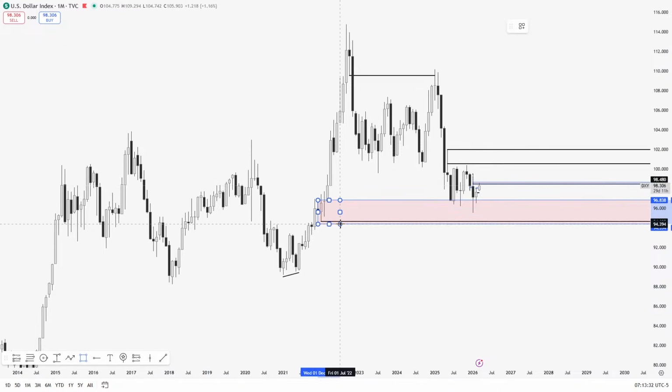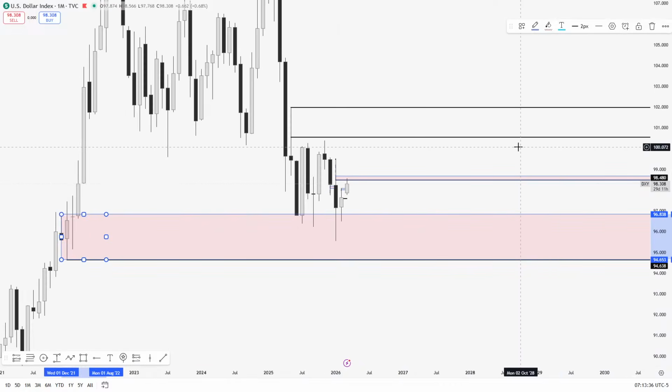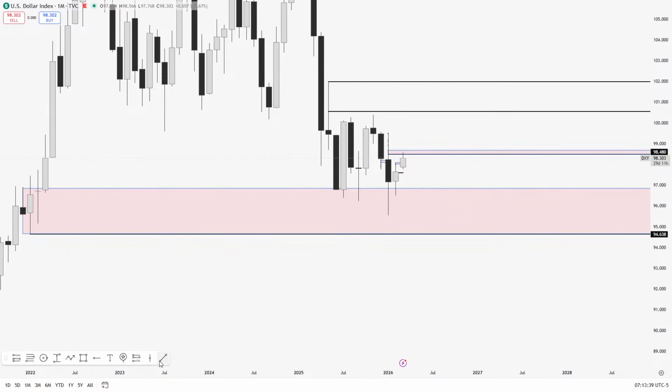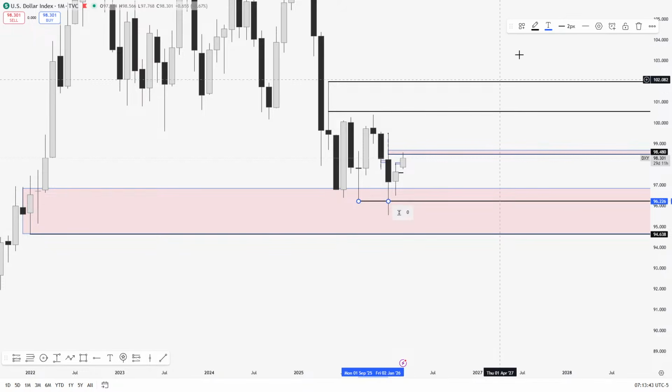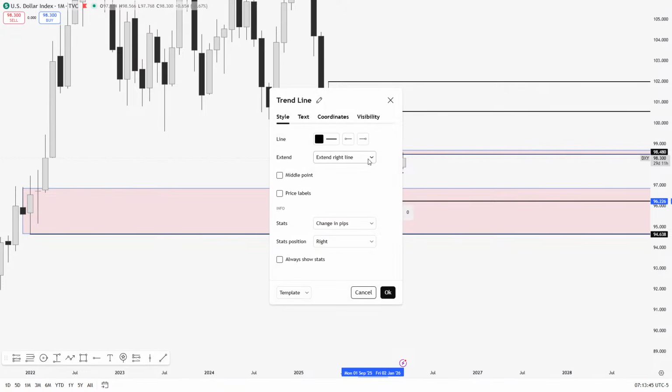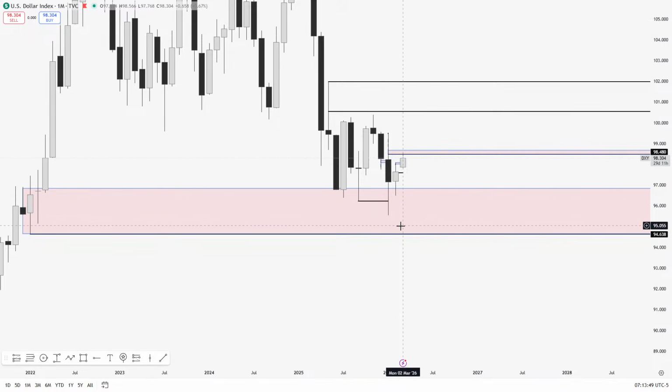You see that, price tapped into it severally, consolidated for a while, and finally we've seen price taking out liquidity below that low there, and is showing symptoms to rally.